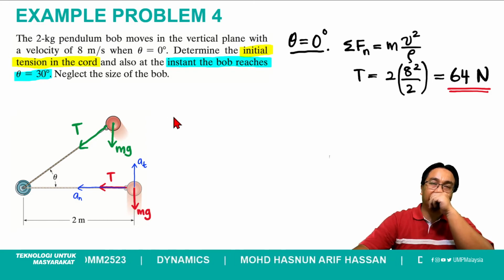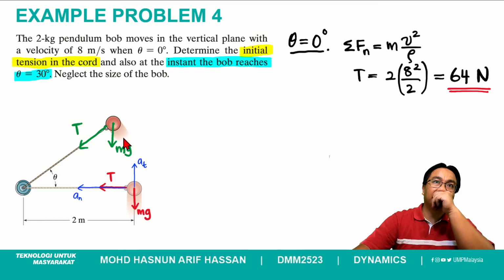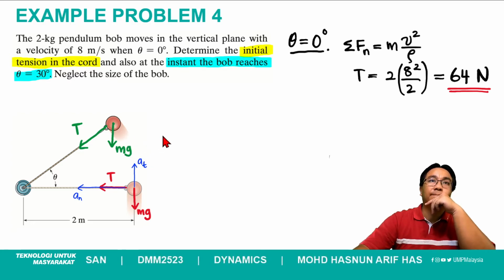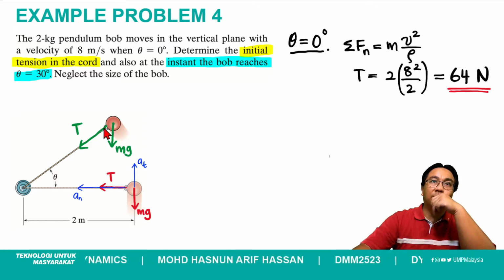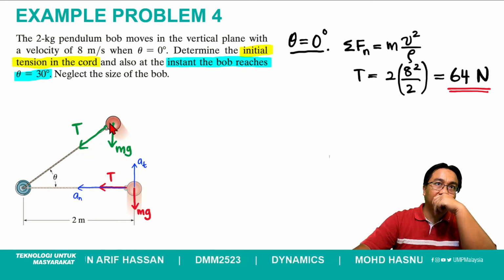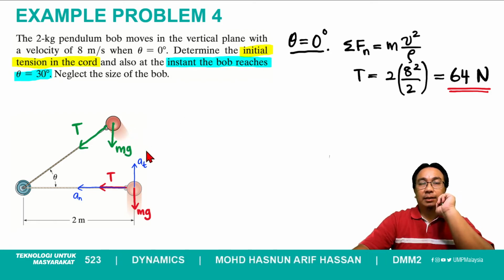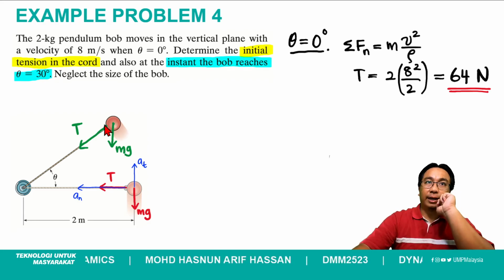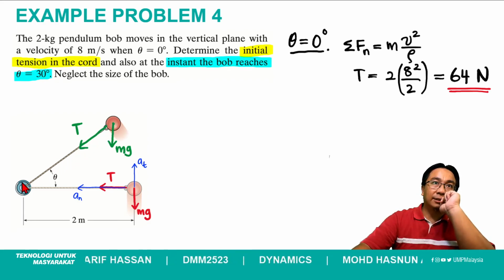Okay. Normal? To the center of the circle. Okay, normal follows the tension. The tangential is not correct, but the normal is correct. Normal is following the tension to the center of rotation.